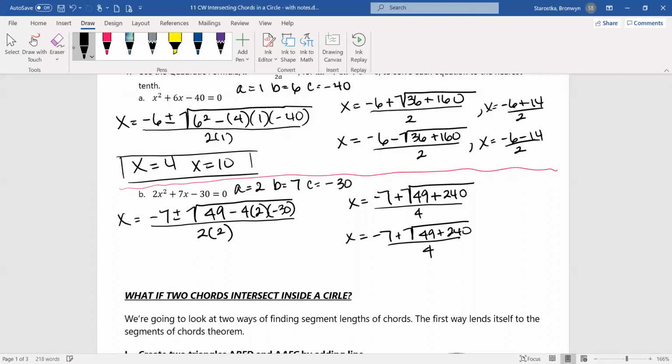And 49 plus 240 is 289, and the square root of 289 is 17.